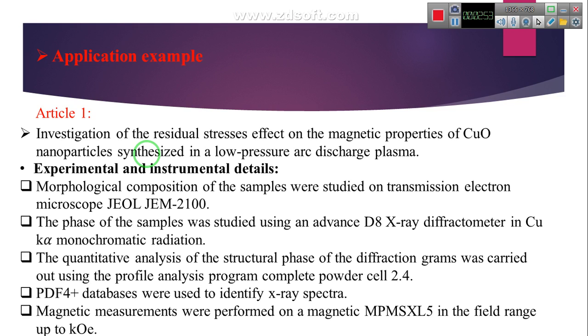experimental detail. Study of the morphological composition of the sample. Phase study of the sample. Quantitative analysis of the phase of the diffraction grain. The use of databases to identify X-ray spectra.